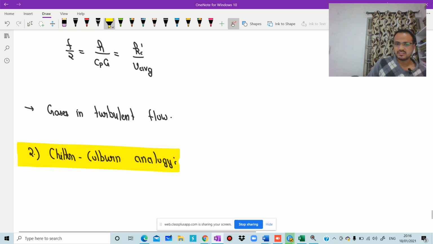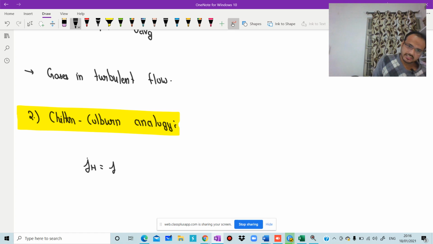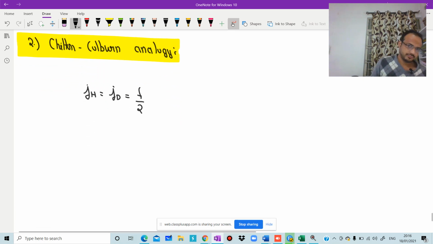The validity of this analogy is liquids as well as gases, in laminar as well as in turbulent flow. And according to this analogy, JH is equal to JD is equal to f by 2. And I have already explained JD and JH. So the validity is for gases and for liquids, both in laminar and in turbulent flow.